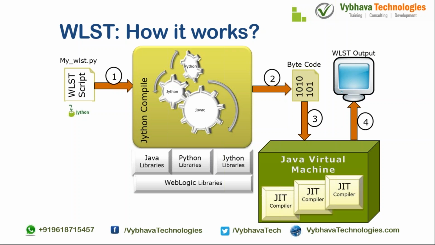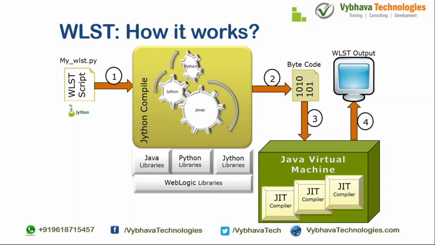If you take WebSphere 8.1 or 8.5, 8.55, or the latest version 9, in that Jython is an older version, Jython 2.1, that is a programming language, Jython. Whereas in WLST, the latest version, Jython 2.5, is used in WebLogic 12c.